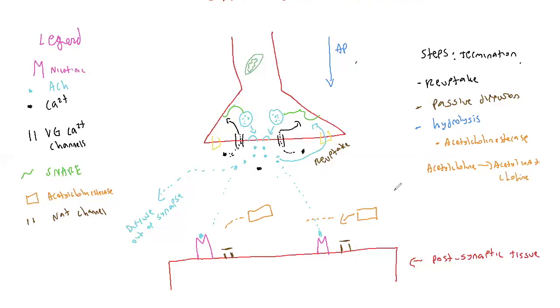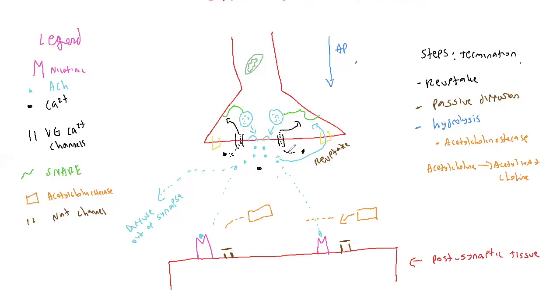Now, even though this might seem like it's happening very slowly, it actually happens very fast. We're talking microseconds. This entire process that I just went through has happened untold thousands of times since I even brought it up. So anyways, to recap, the presynaptic neuron is going to depolarize. Voltage-gated calcium channels are going to open.